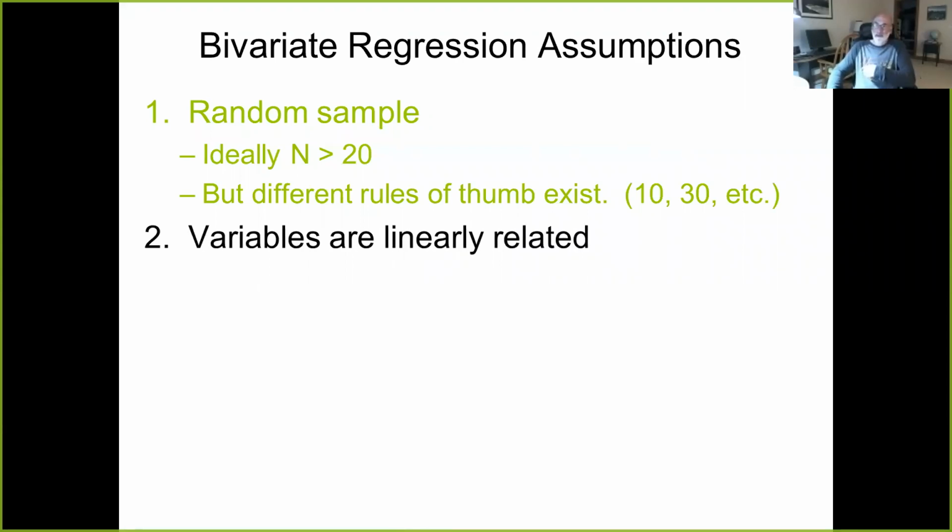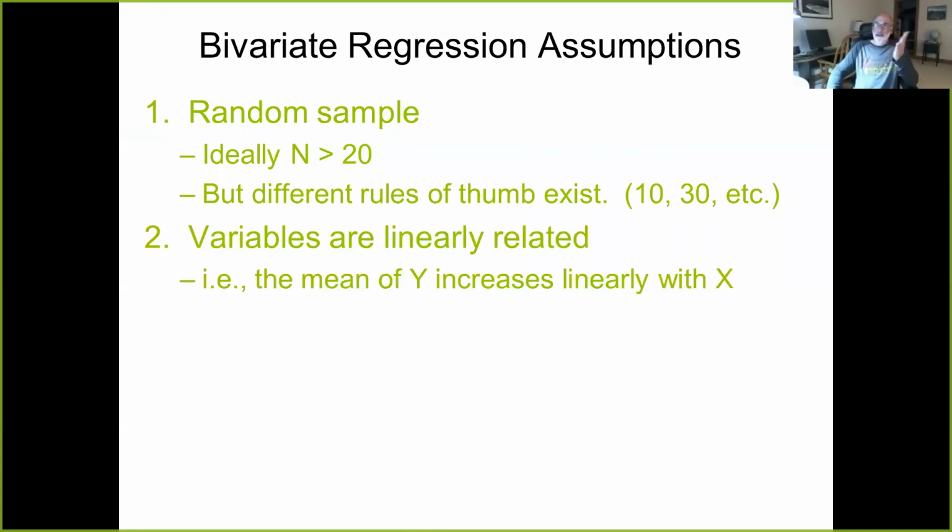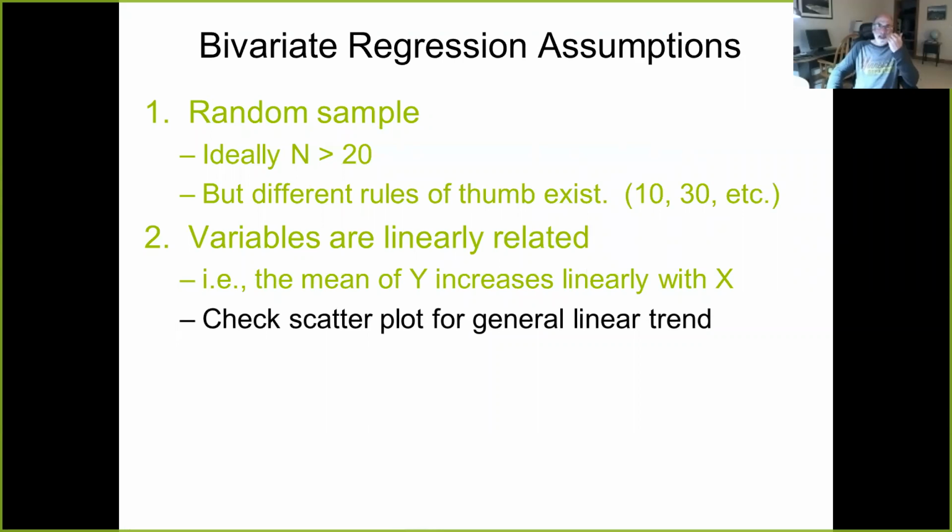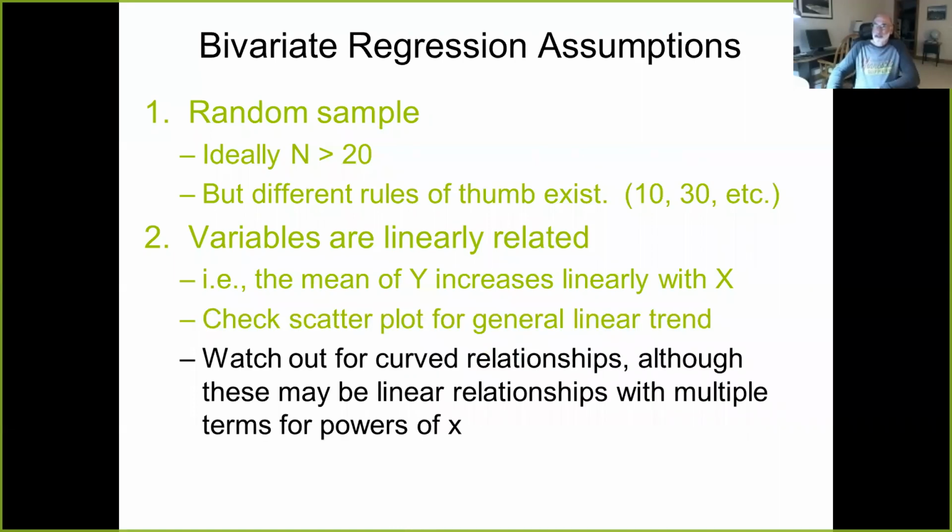Second assumption, the variables are linearly related. So that straight line is what you'd expect to find on average, except for random variation. The linear assumption is not that confining though, because you can transform the variables and it can be a linear relationship between the logarithm of x and the logarithm of y, which is a nonlinear relationship of y and x, but it is still linear regression that you can apply.